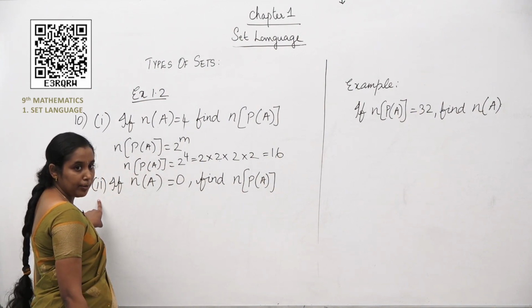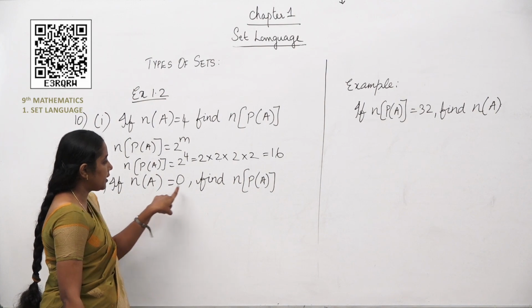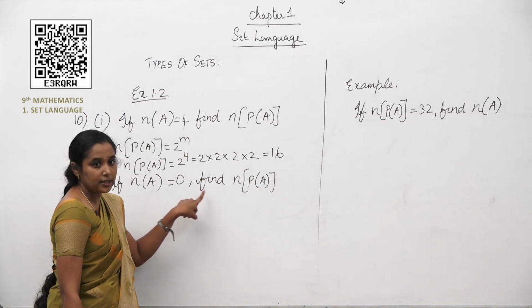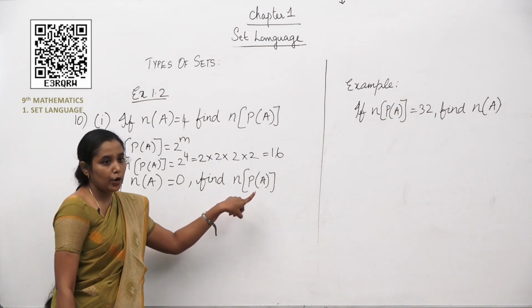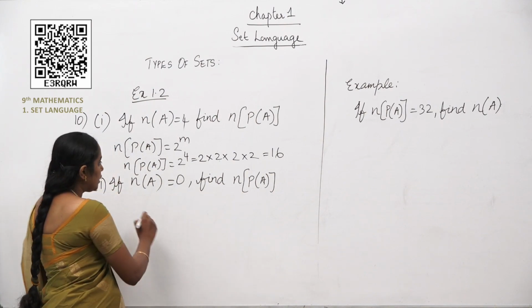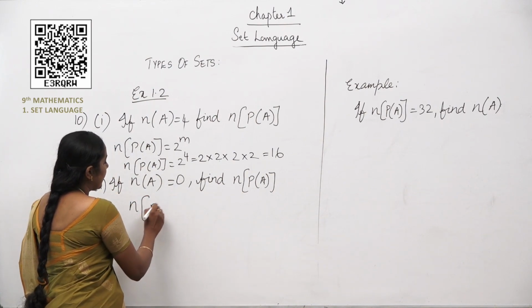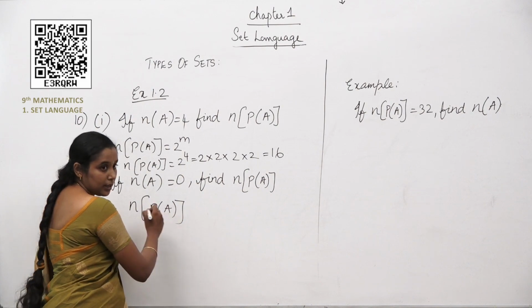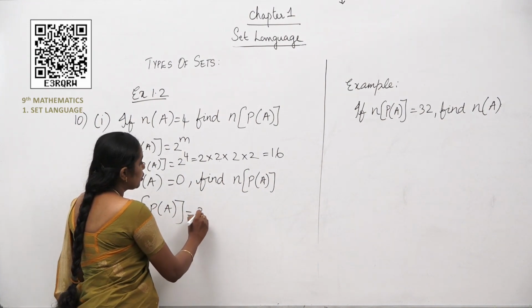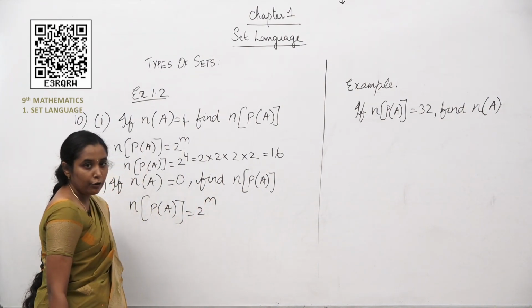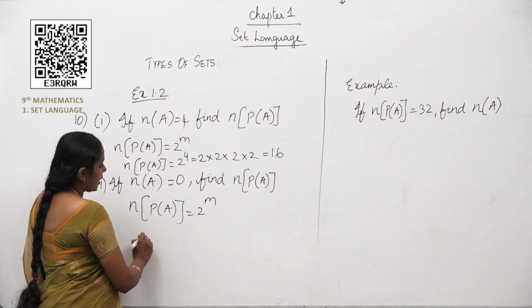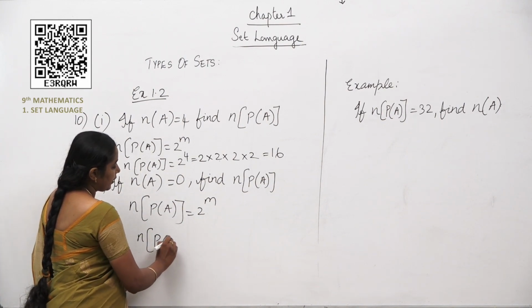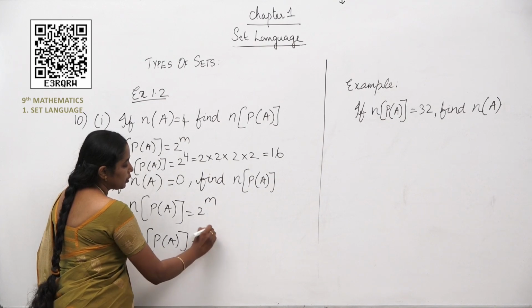So next, second subdivision. If n of A is equal to 0, find n of P of A. So same thing only. n of P of A is equal to number of elements in the power set, which is equal to 2 to the power m. So n of P of A is equal to 2 to the power 0.